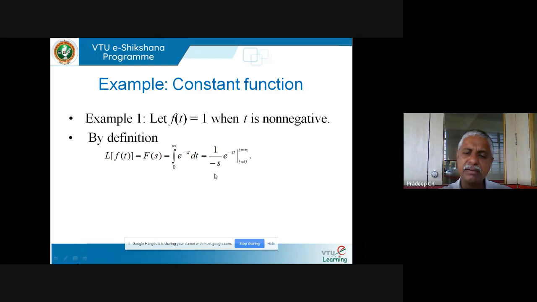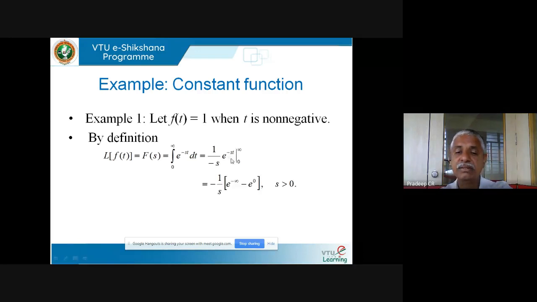It's like integrating e power ax: the integral of e power ax dx is 1 by a e power ax. Here a happens to be minus s. We treat it as a constant basically because it is not dependent on t. I'm not saying s is a constant, I'm just saying s is not dependent on t, so I can take it out and treat it as a constant when integrating with respect to t. So this, you know how to integrate.